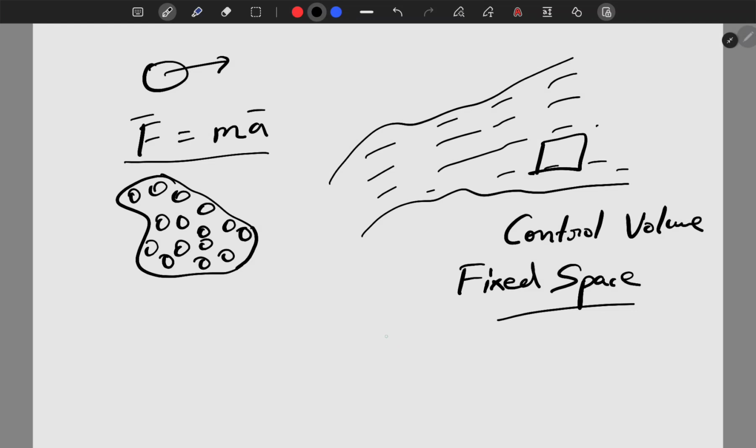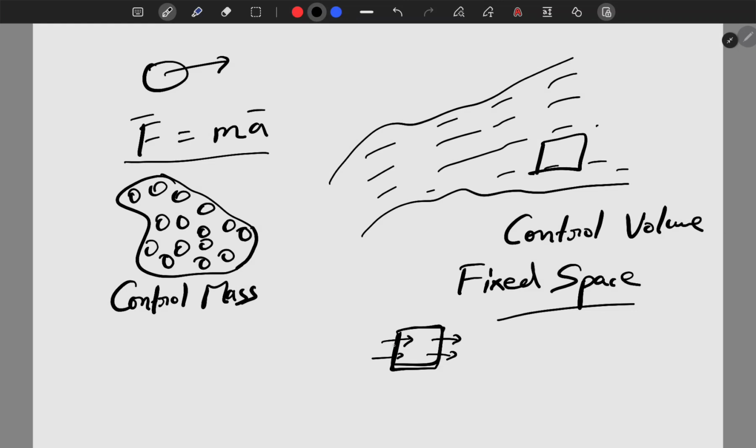The basic thing is that we focus our observation not on a set of particles but on a region of space, and we track or model the particles that are coming in through this region and going out. So in this approach, mass can come in and go out of your system, but in the previous approach, the control mass approach, the mass was constant.